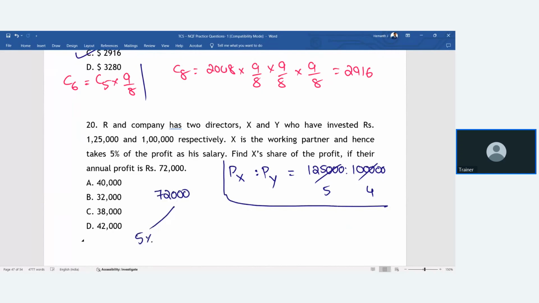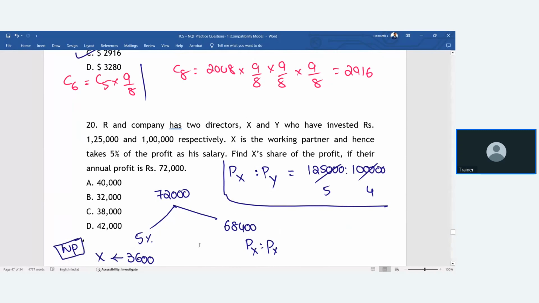So 10% will be 7,200, 5% means 3,600 will be given. Now the rest of the amount, 68,400, should be given to X and Y. The 5% is given to X only because of being the working partner, with extra work and duties to manage the business.